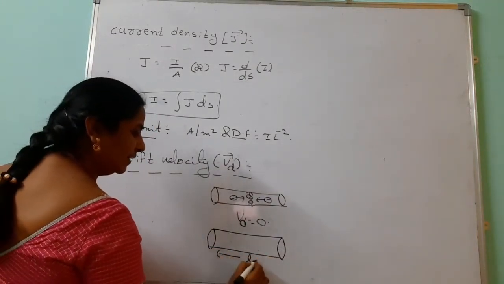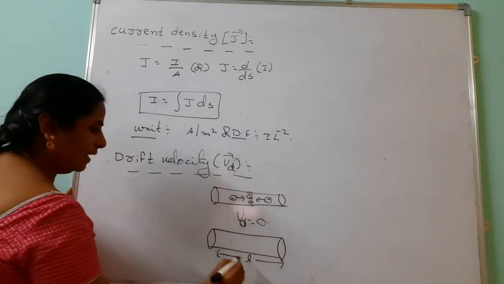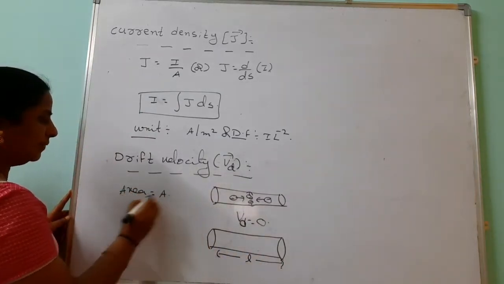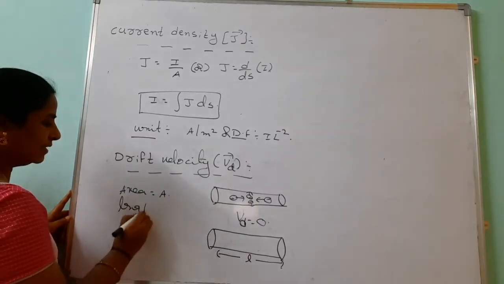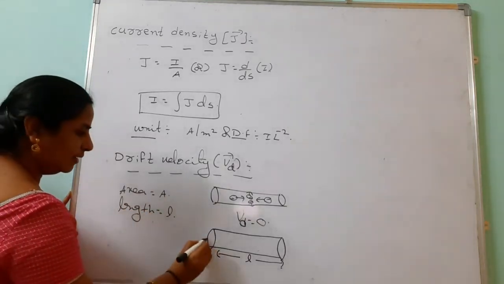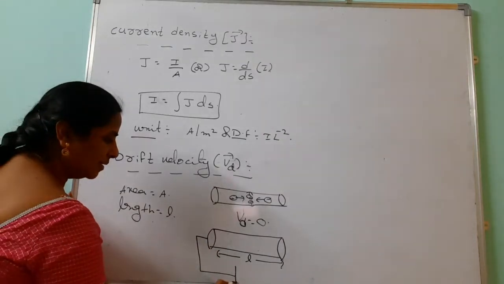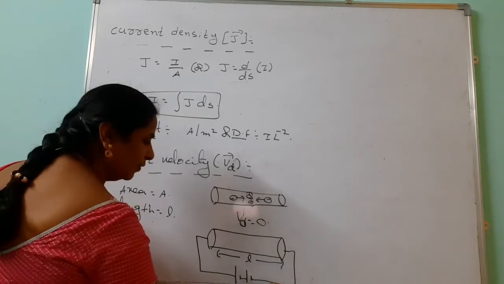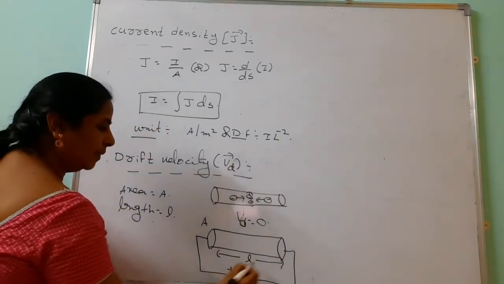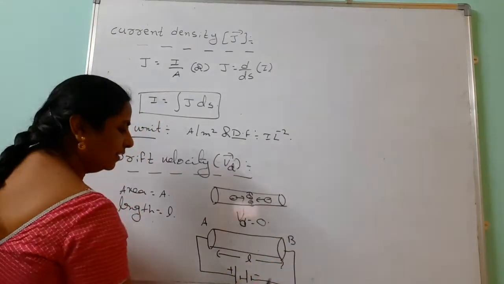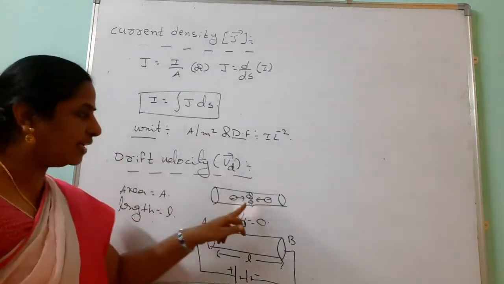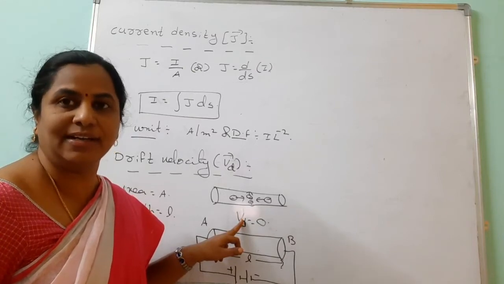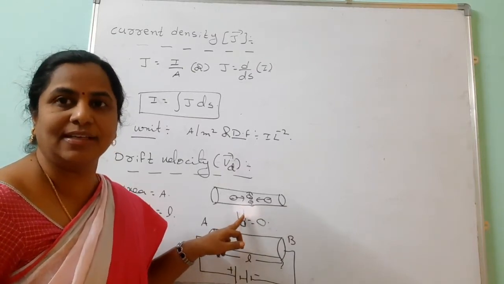The length of the conductor is L, and the area of the conductor is A. One end we give the positive of the battery, and at the other end we give the negative of the battery. So here the resultant velocity equals 0, and there is no meaning for current also in this. Here the drift velocity is 0.